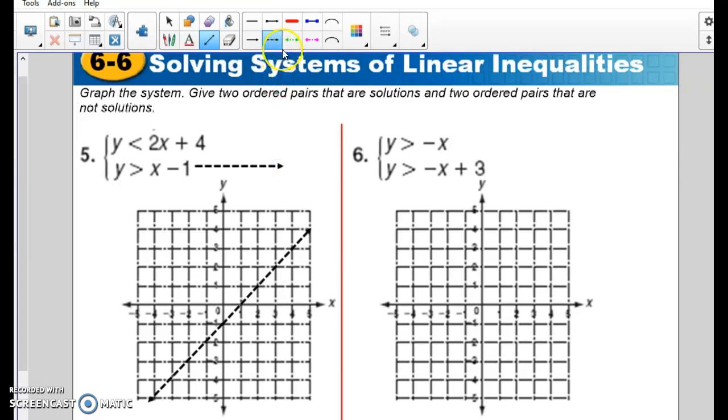We'll do this top one in green. I have 2x plus 4, so I'm going to start at plus 4, and then my slope is up 2, right 1. Let's put some dots here so we don't get confused. So plus 4, and my graph should look like this.